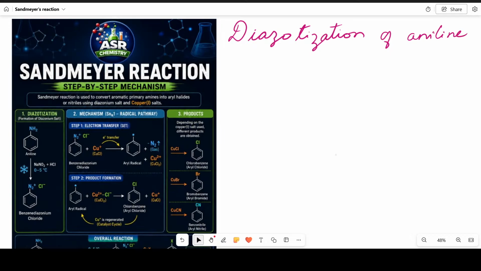Diazotization of aniline. This process starts by creating the reactive aryl diazonium salt. So what are the reagents that we are going to use?